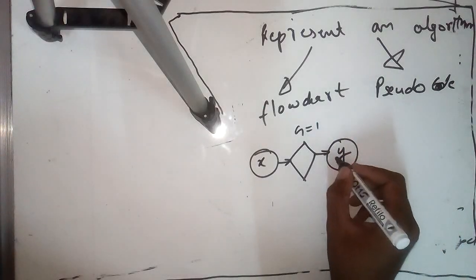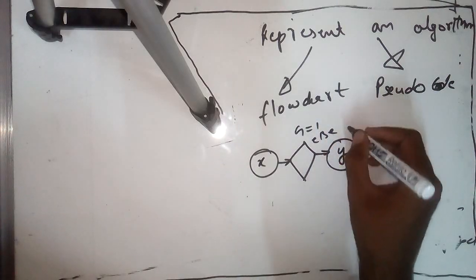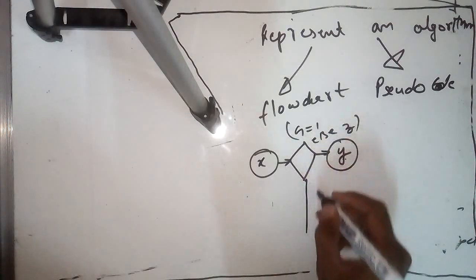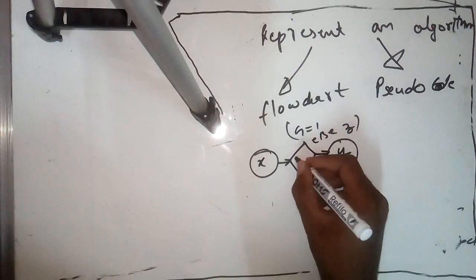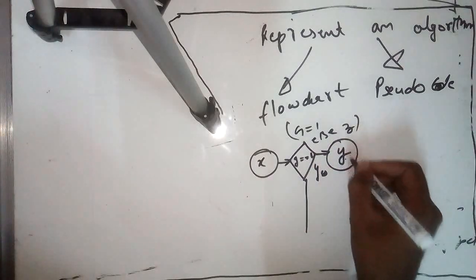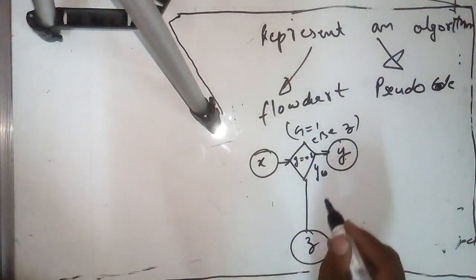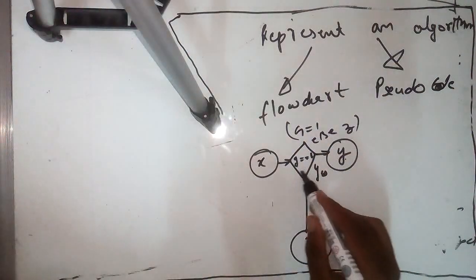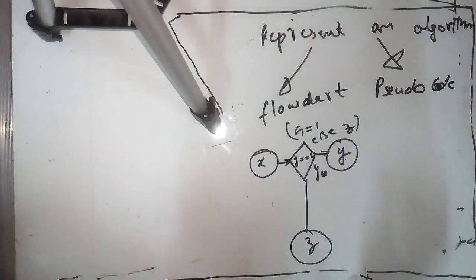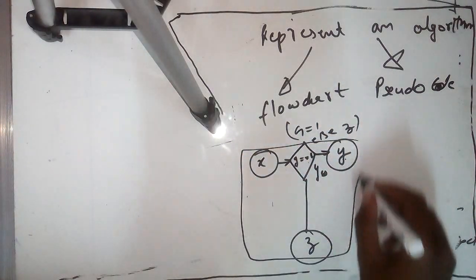Only then will he meet Y, else he will meet Z. So this is a decision check: if G is equal to 1, he will meet Y, else he will meet Z. That kind of condition, where he will meet Y when the condition is true, else he will meet Z, comes under the flowchart representation.